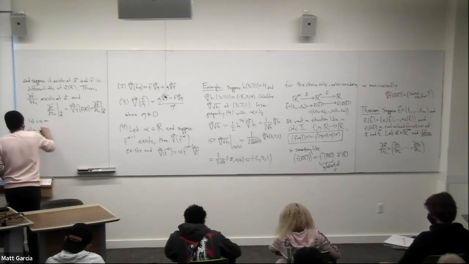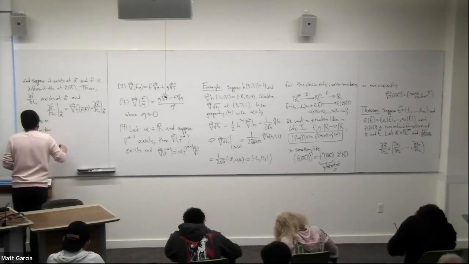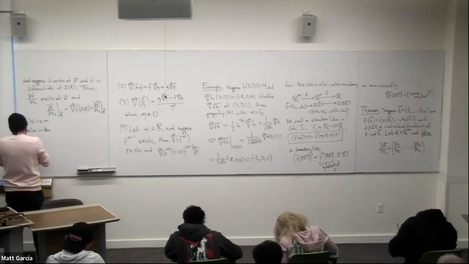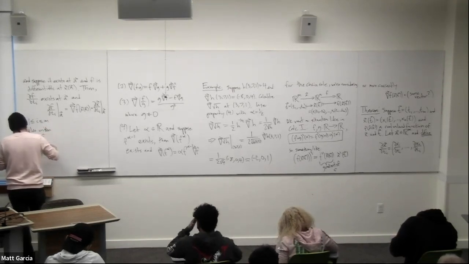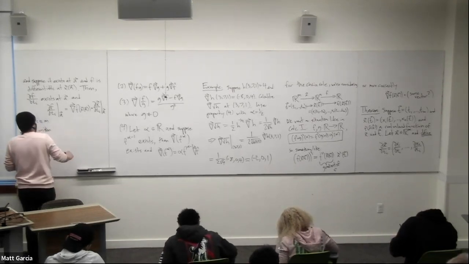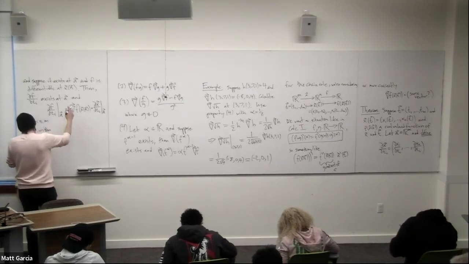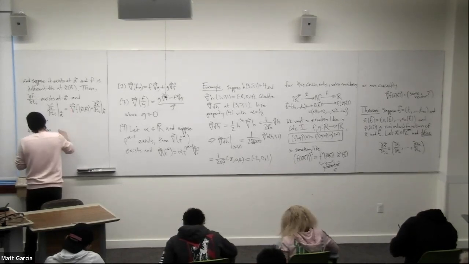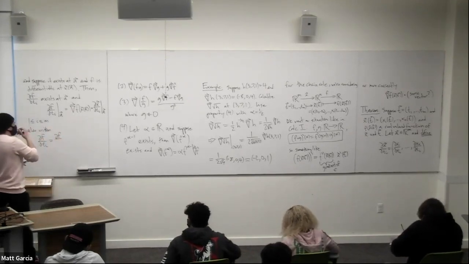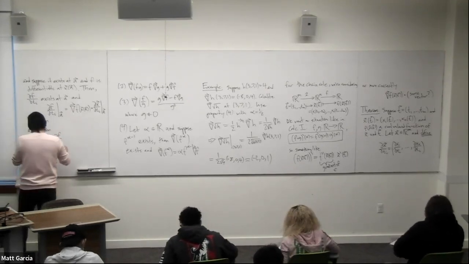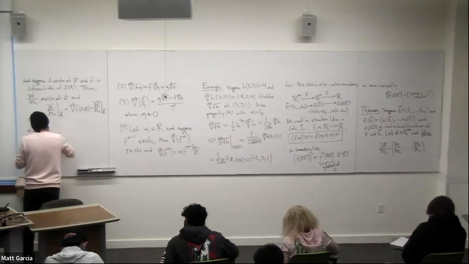Also written as partial f partial ti is equal to, if I actually just take this dot product and write it out in long form, the first component of the gradient of f is partial f partial x1.